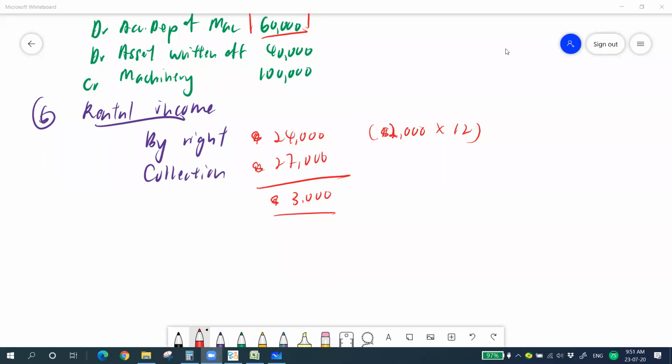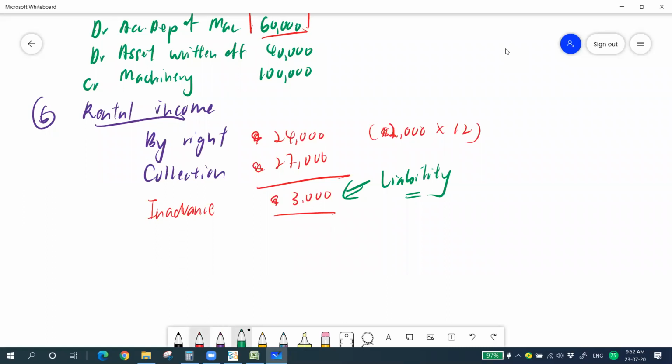Yes, the answer is correct. In advance. So for in advance, is this our liability or asset? Yes, the nature is liability.